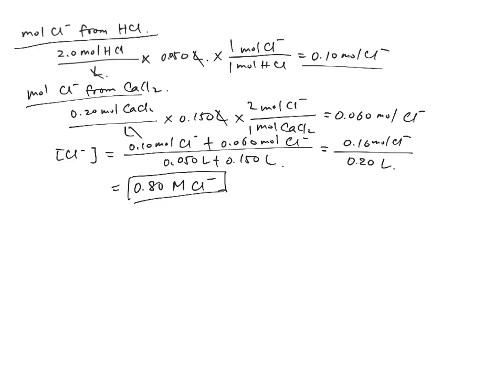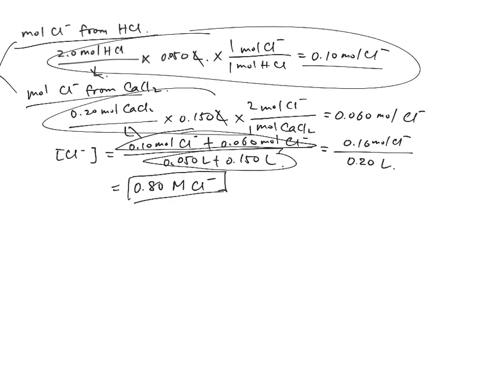On the bottom, you would need all the volume. And on the top, you would need all the number of moles of ions. And to get all of those moles of ions, you would need to do however many of the calculations that we did here and here, depending on how many components you have.